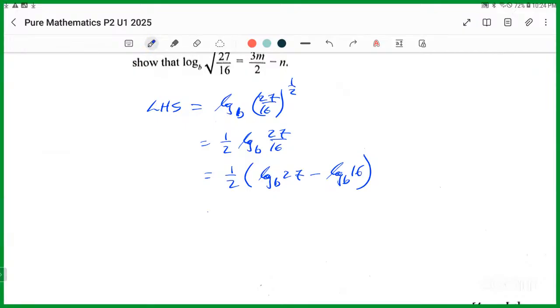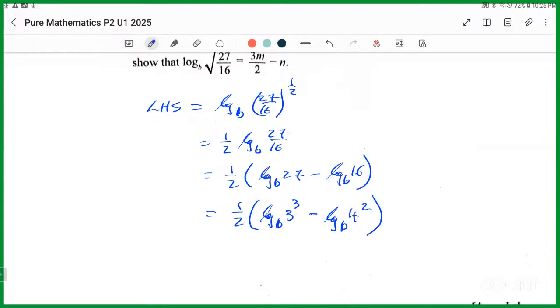So it's going to become half into log to base b of 3 cubed minus log to base b of 4 squared.